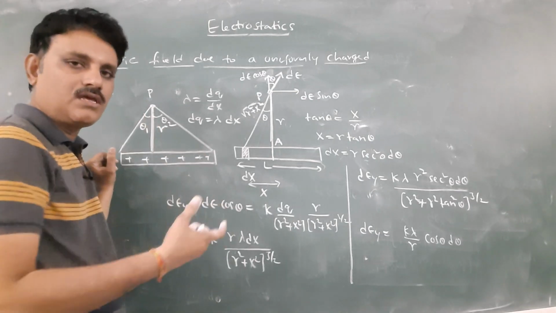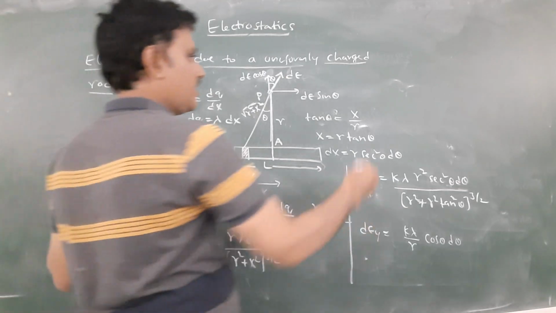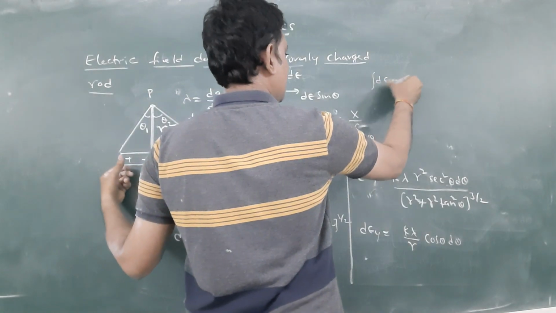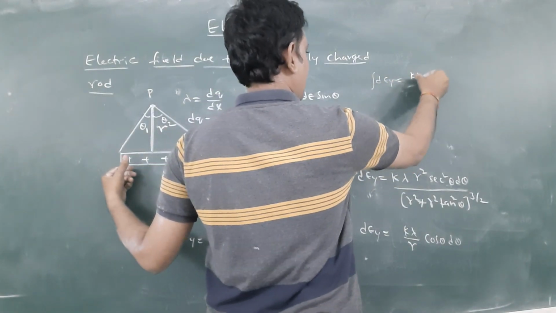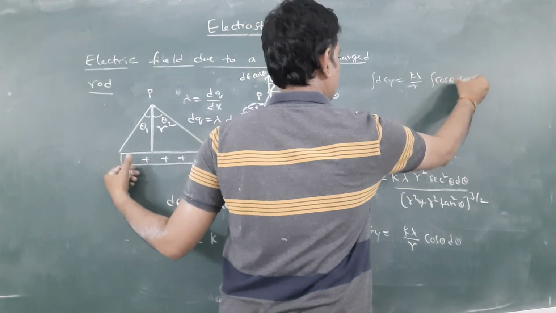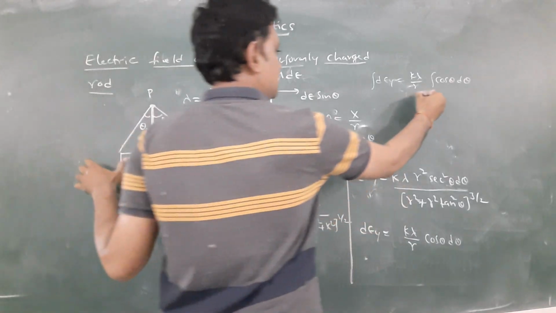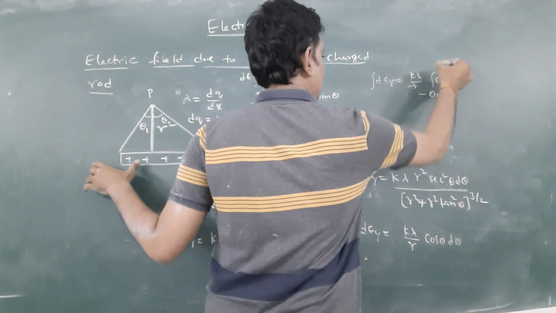So we are going to integrate that electric field value with the given limits. By integrating on both sides, dEy is equal to k lambda by r into integral of cos theta d theta. Here the limits are minus theta 2 to theta 1.